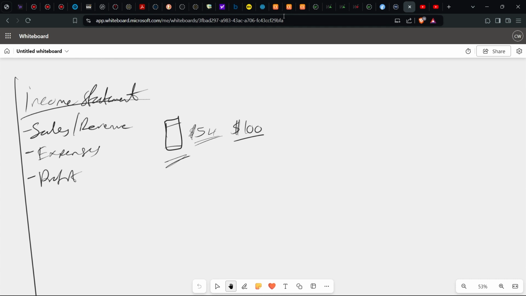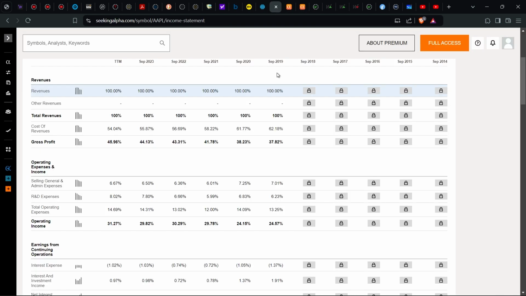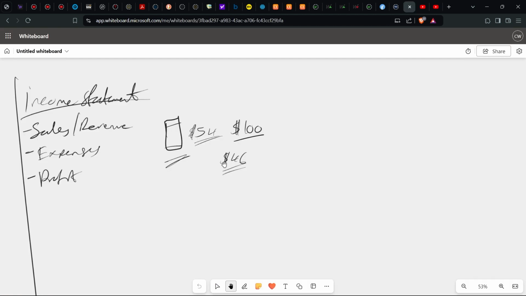So let's go back to the income statement. This is the difference now, the profit. Once you subtract the cost of revenues from the revenue, you get the gross profit. This is the profit on the product sold. The company has made $46 from selling this phone for $100 after paying $54 for production and delivery.